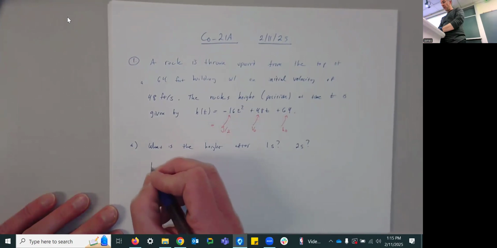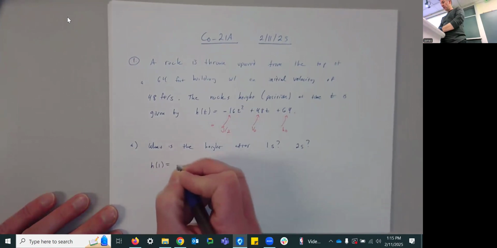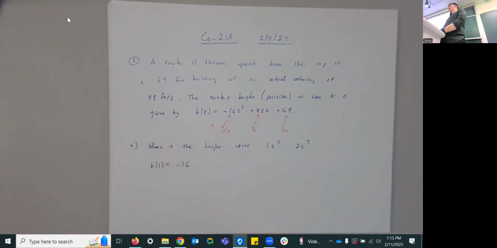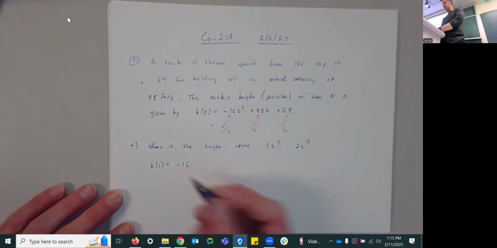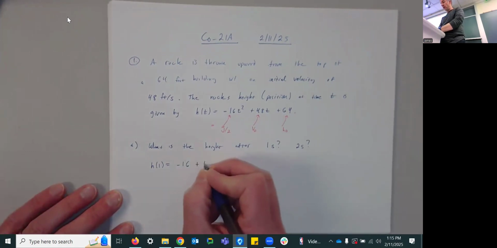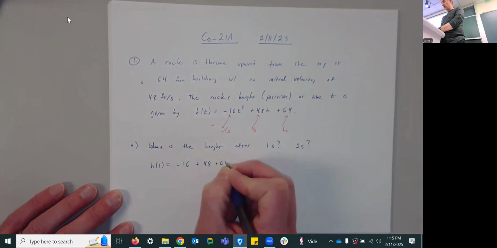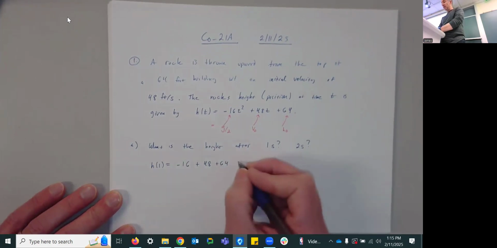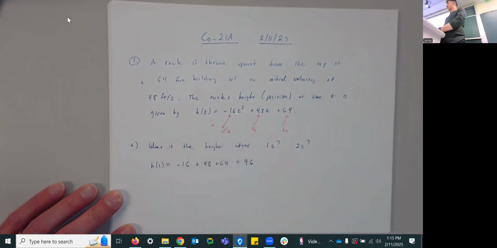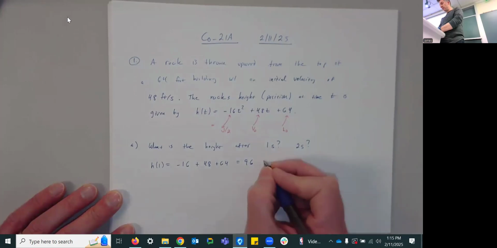So the height after 1 second is going to be negative 16 times 1 squared plus 48 times 1 plus 64, which is going to be 96. 96 what? 96 feet.